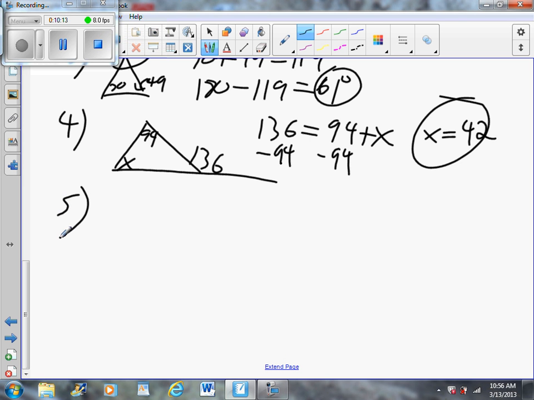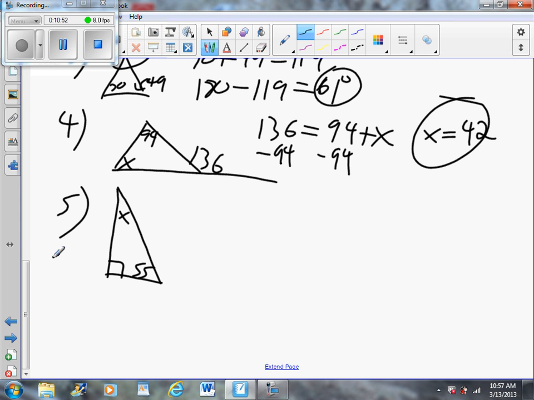All right, number 5. You have a right triangle here, X and 55. Now, how am I going to find X? We know that the sum of the two acute angles of a right triangle are complementary, 90 degrees. If you know the measure of one, how do you find the measure of the other? The more direct way to do it, just consider these two angles.